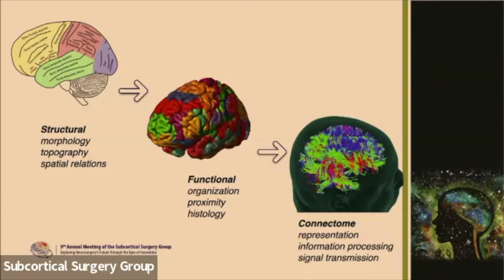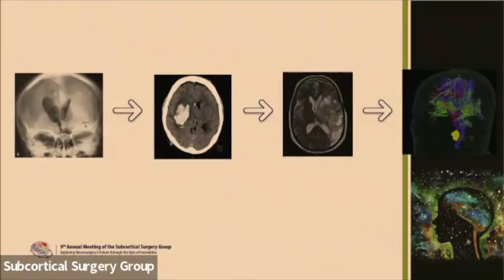And so our understanding of anatomy is progressive, and we've gone from maybe a phrenological kind of view of things, morphology, topography, and spatial relations, to the connectome. And we've had great talks here about connectomics, but really it's tricky in surgery to apply what we know of connectomics in a fashion that is rapid and easily brought to the OR.